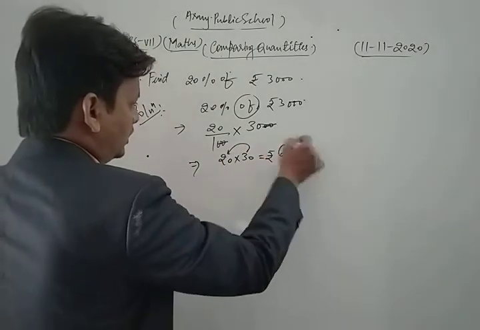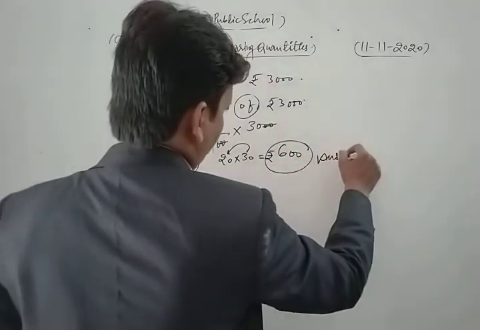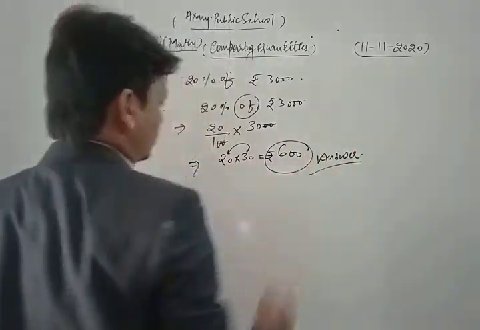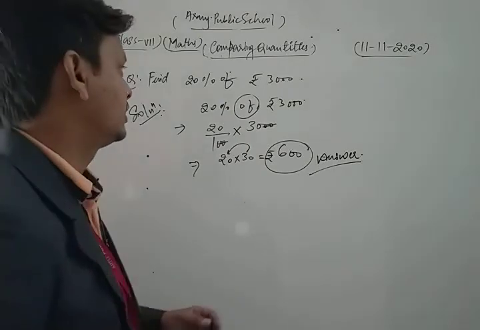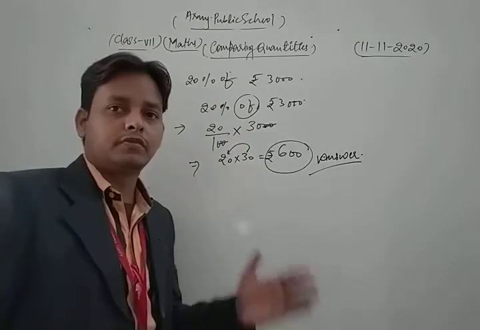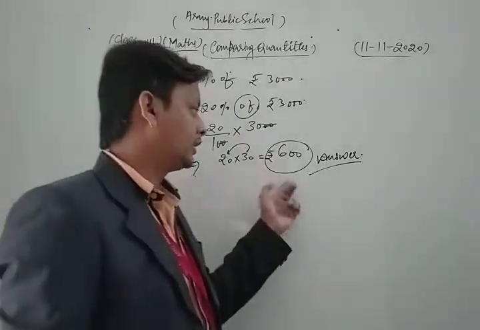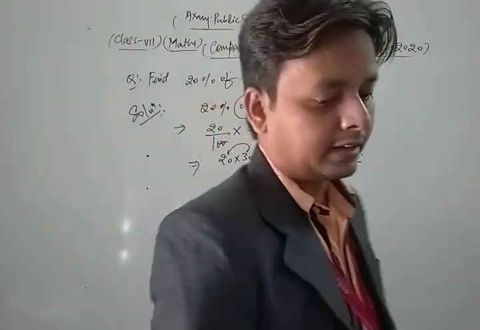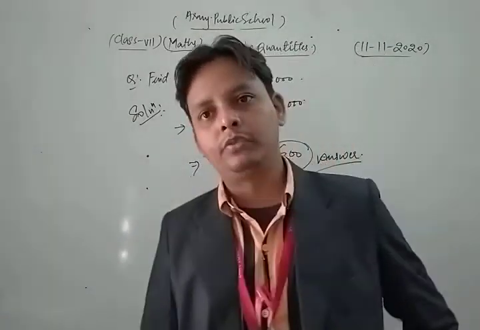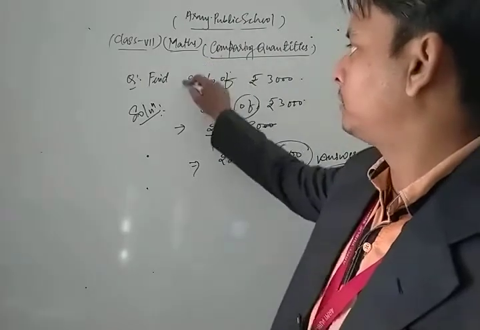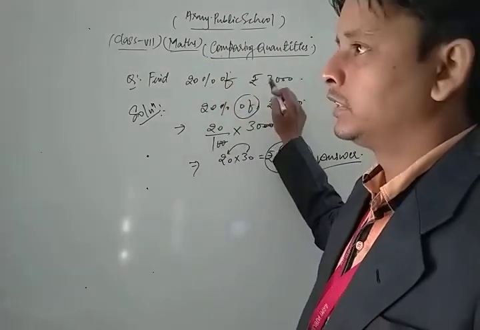So this is in rupees, our required solution of the given question. Thus 20% of 3000 is 600.